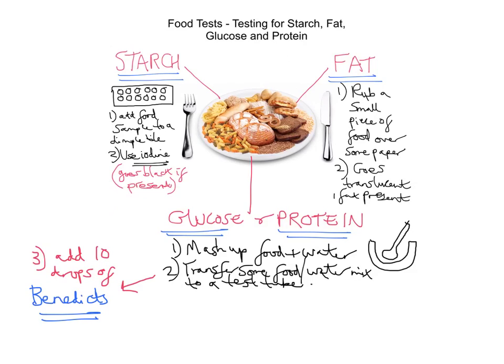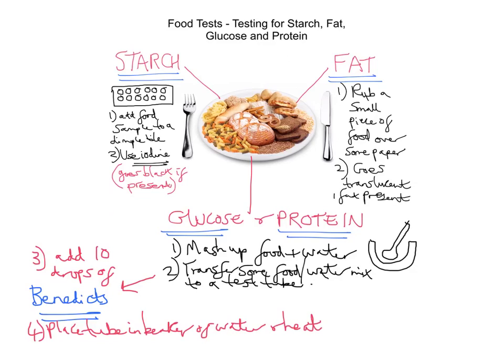Once we've added 10 drops of Benedict's, we then want to place that tube in a beaker of water and heat it over a flame. So we add Benedict's and then place the tube in a beaker of water and heat.